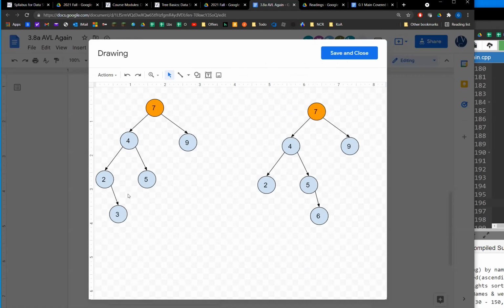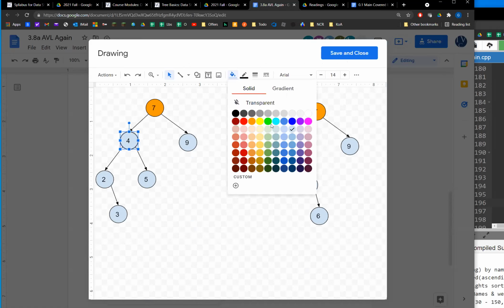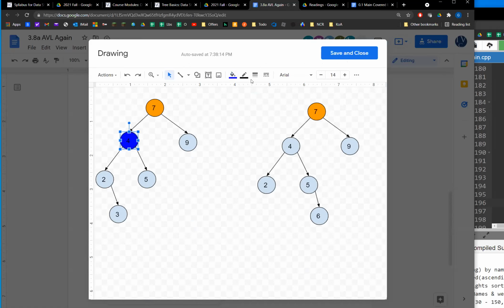Okay, so with our 3 insert, we went into the left subtree of beta.